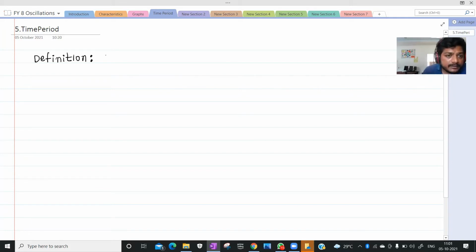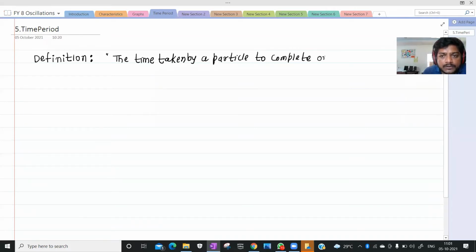Write it down: the time taken by a particle to complete one oscillation. So the time taken by the particle to complete one oscillation is known as a time period.